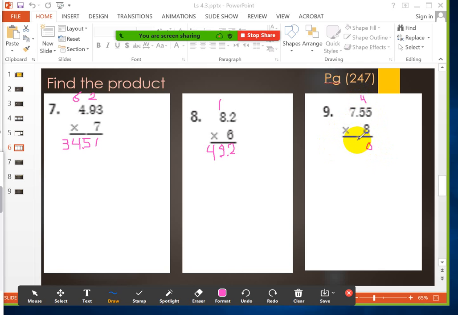Very good. So I also have to put 4 here and 4 above the ones. Now 8 multiply 7 equals 56, plus 4 equals 60. Very good, Lana.